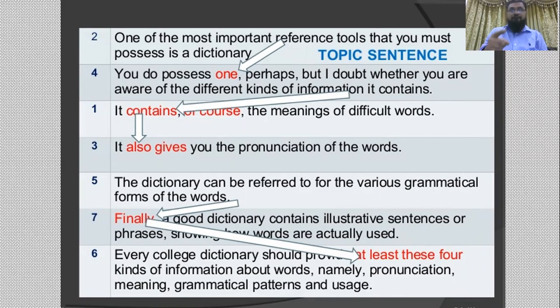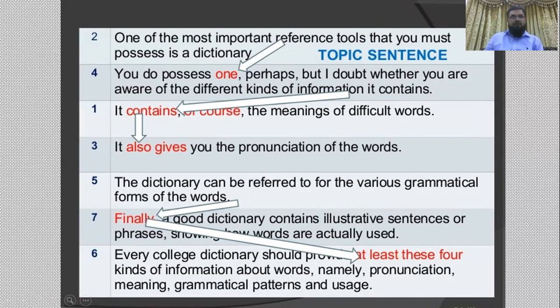And then finally, a good dictionary. Now he is going to the final conclusion, that at least these 4, you can see the important links connected with the arrows with the red words.